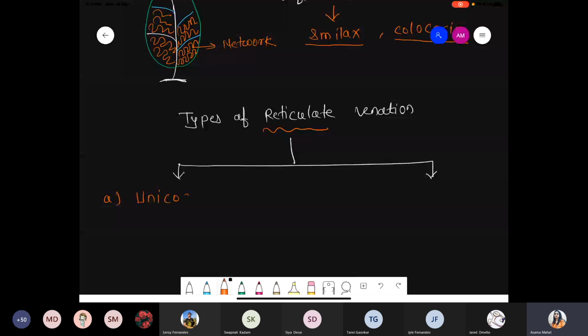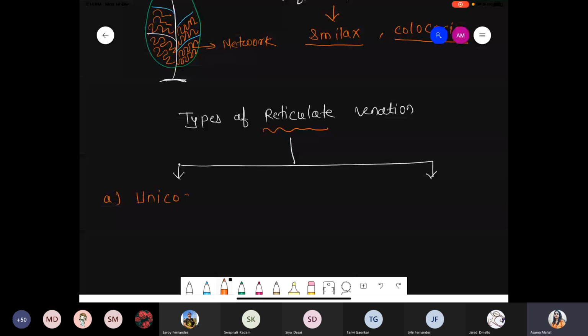And the second type, multicostate. The word unicostate simply means the presence of only a single midrib or main branch. Only a single midrib or main branch is present.